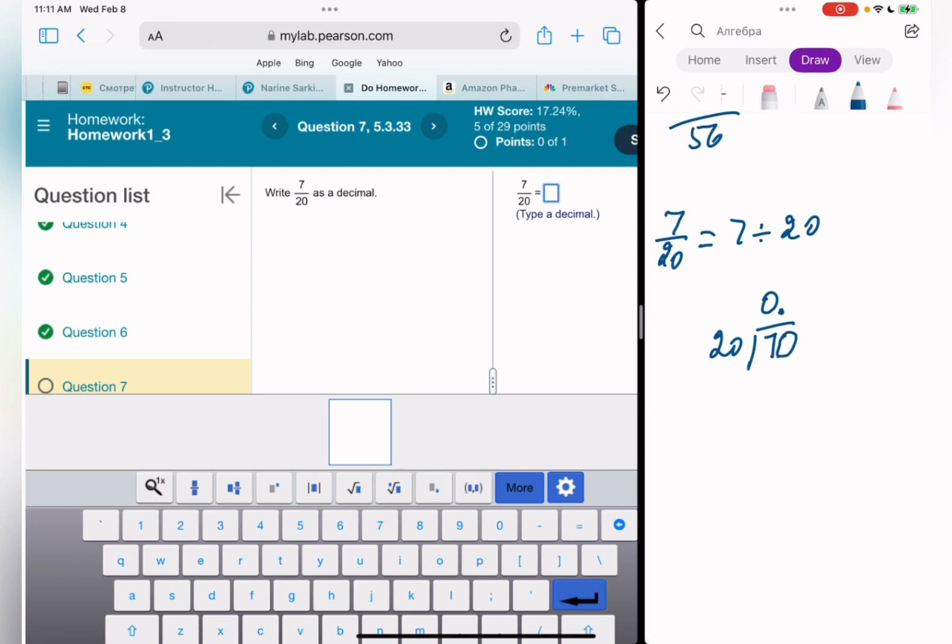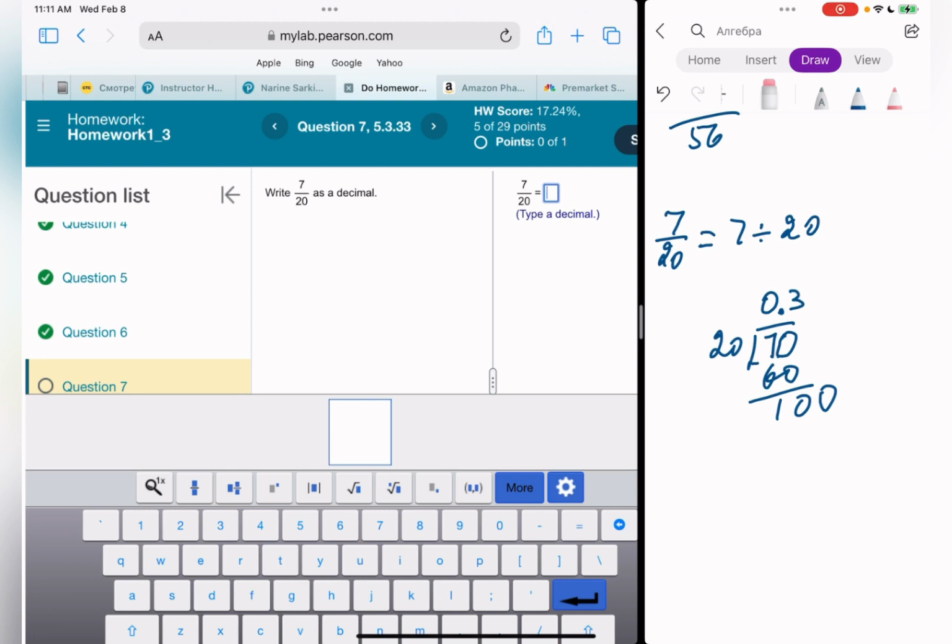70 divided by 20 is how many times? 3 times. 60, right? 7 minus 6 is 1. Okay, I can add another 0. Why? Because after the decimal point, this is 1, and I can add as many zeros as I want. It's still going to be 1, right? Therefore, I'm going to add as many zeros as I need until I either get remainder 0 or see that the division goes endless and I stop somewhere.